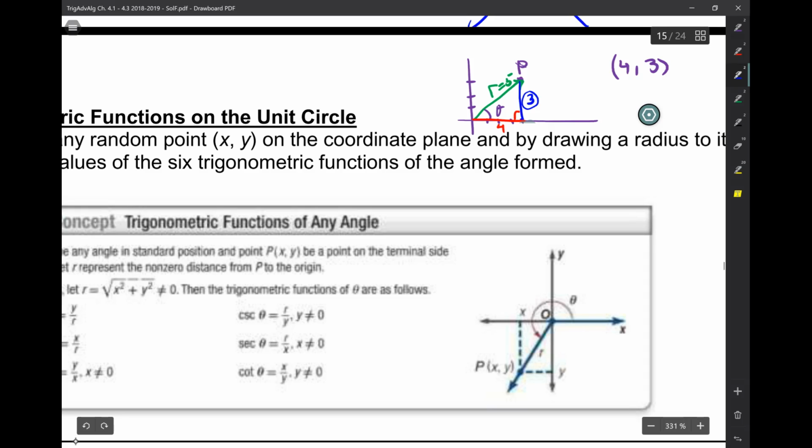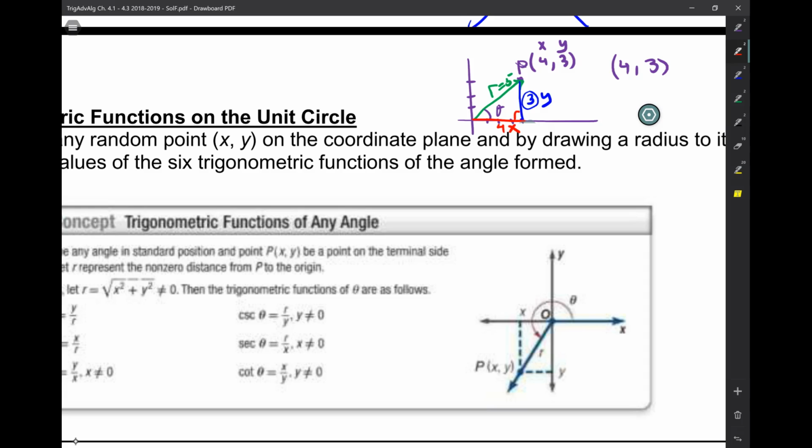And if my point was at (4, 3), and that's x and y, the 3 is that same y value from the coordinate point, and the x is that same x value from the coordinate. So if I wanted to find the sine of that angle, it'll just be y over r. And if I wanted to find the cosine, it'll just be x over r.